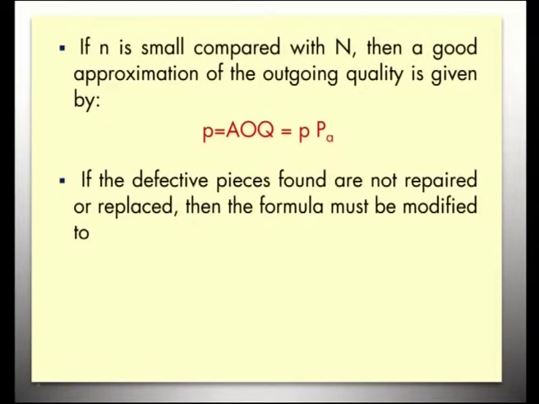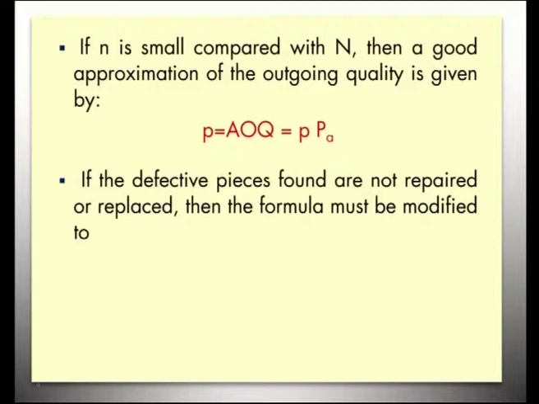If n is small compared with capital N, then a good approximation of the outgoing quality is given by P bar equal to P into PA.